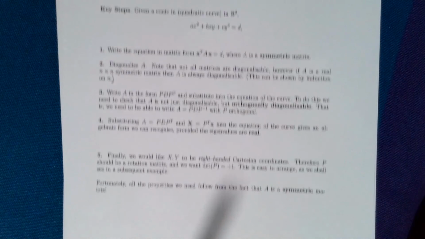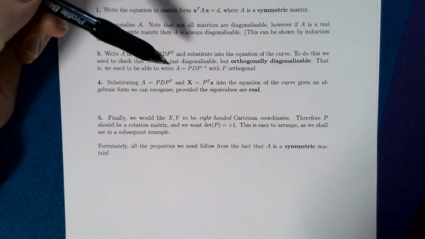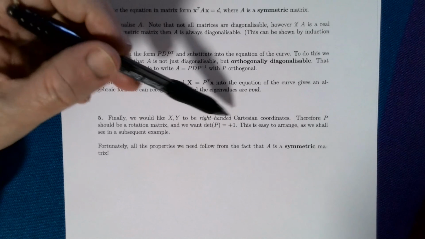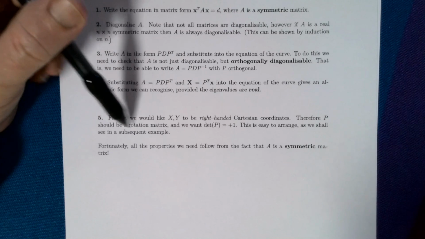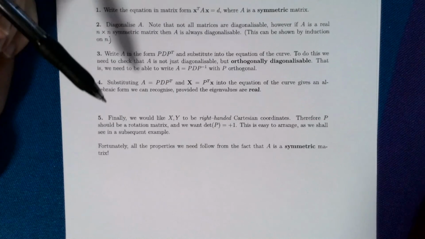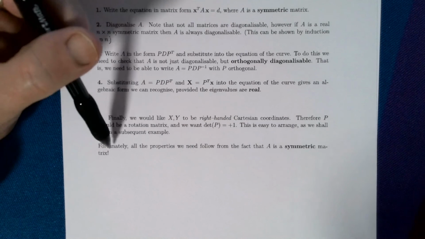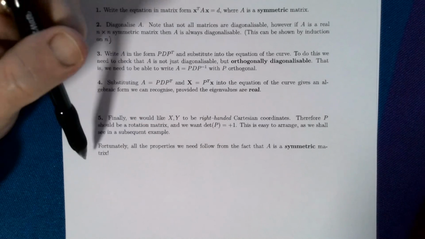Finally, we'd like the XY to be a right-handed Cartesian system of coordinates, so therefore we want P to be a rotation matrix, so we want the determinant of P to be 1. This is easy to arrange, as we'll see when we do some examples. Now fortunately, all of the properties that we need follow from the fact that A is a symmetric matrix.